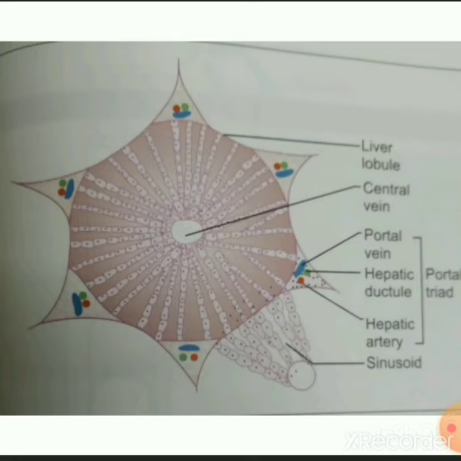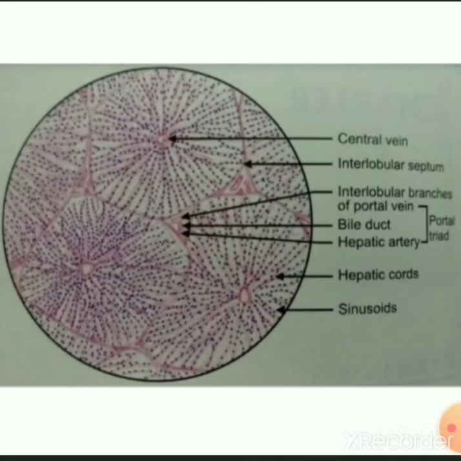Next, in the overview, you can see the cross-sectional view of the microscopic structure. It is separated by connective tissue, and each of the lobules consists of a central vein, and the liver cells, called hepatocytes, radiate from the center to the periphery.